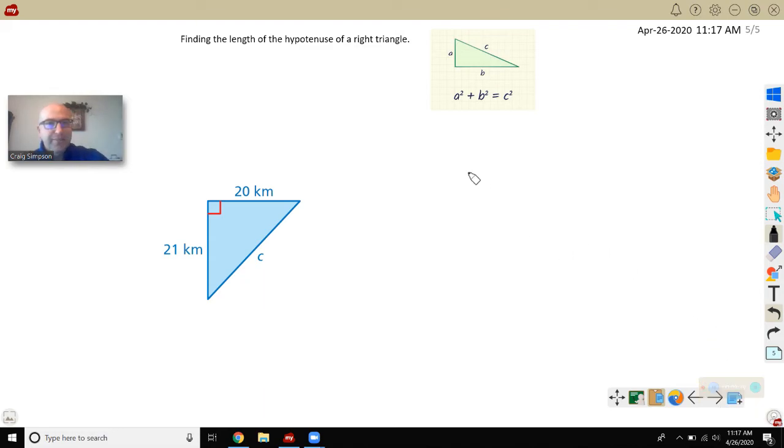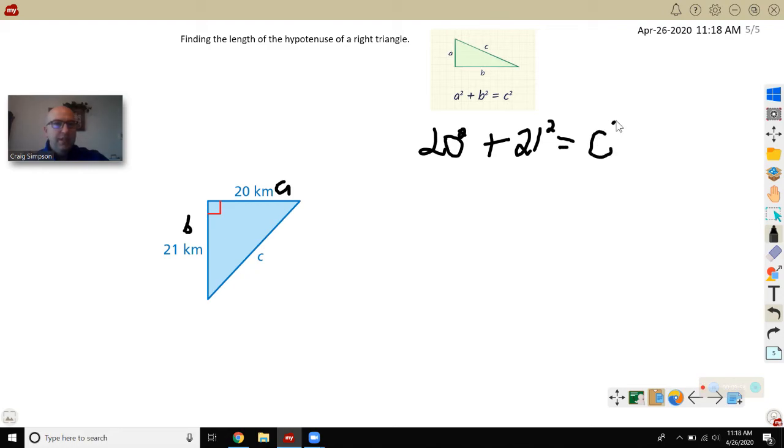So here's the answer. I'm going to make this side A. I'm going to make this side B. So we have 20 squared plus 21 squared equals C squared. 20 squared is 400.